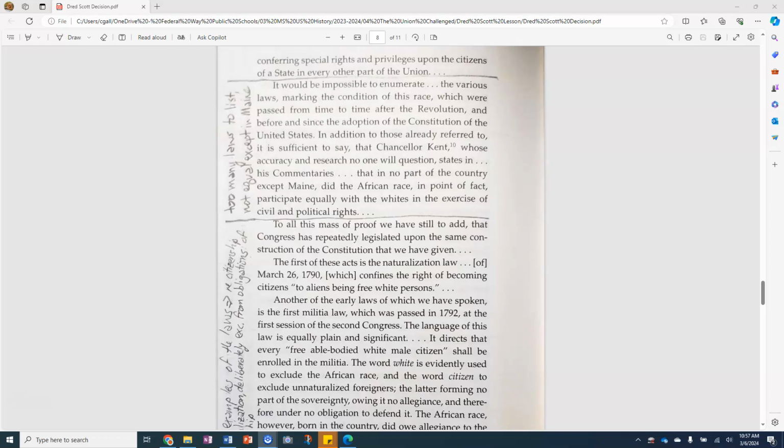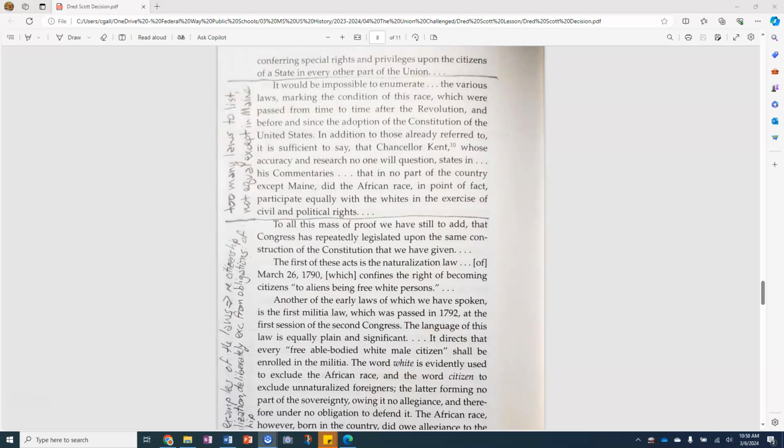Okay, so now he's saying that there's too many laws to list. That's what enumerate means, to create a list. Marking the condition of black people, which were passed from time to time after the Revolution. Okay. And before and since the adoption of the Constitution of the United States.